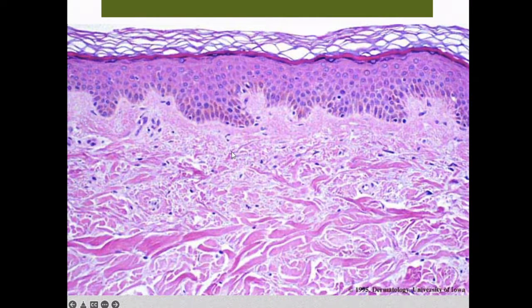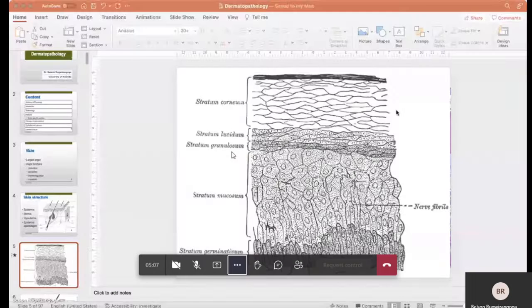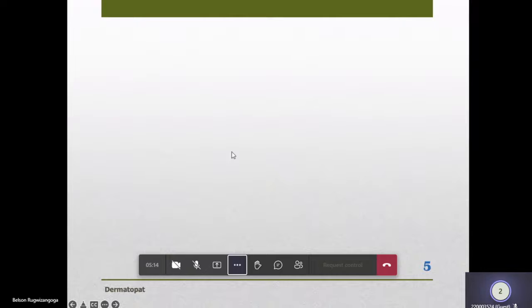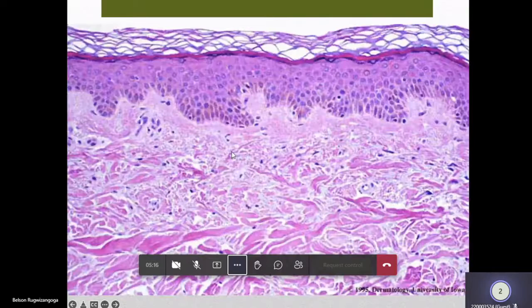You're not seeing the pointer? But don't you see it now? No, it's not being seen. So we restart the presentation, because for me, I see it. Do you see it now?